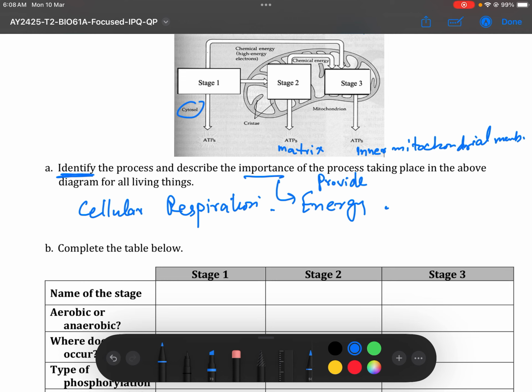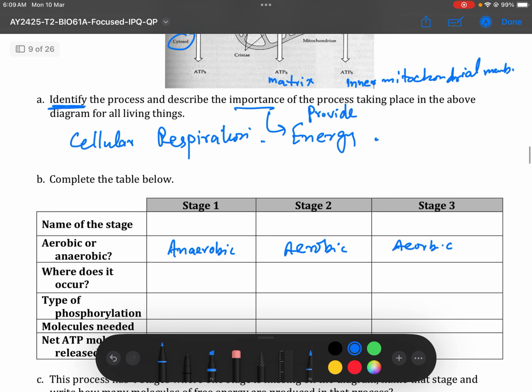If it is aerobic or anaerobic, of course stage 1 is anaerobic, but sometimes it can take place aerobically as well, while the others are aerobic because they are in the mitochondria. Then where does it occur? It's written already, it's in the cytosol. This one is in the matrix.